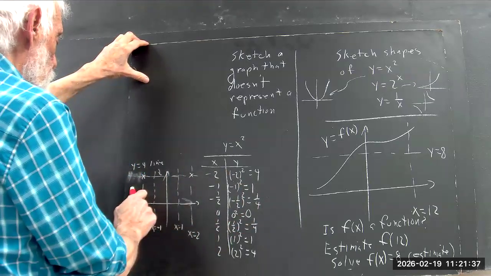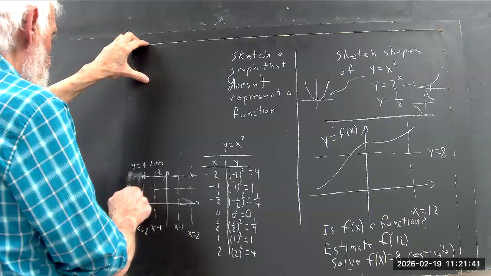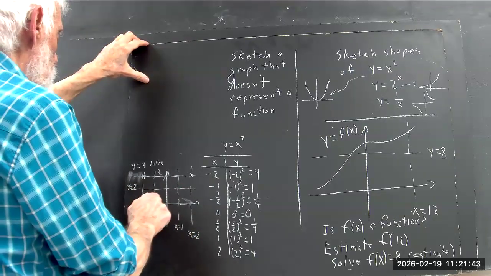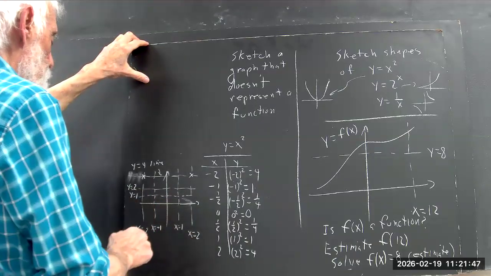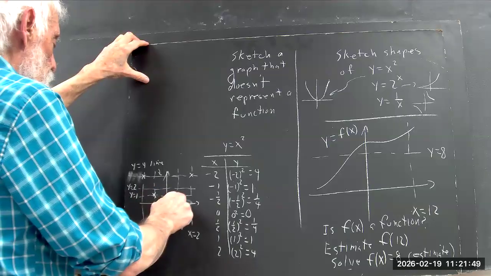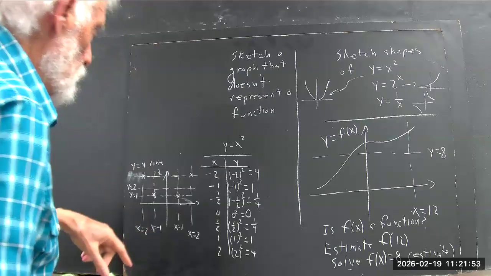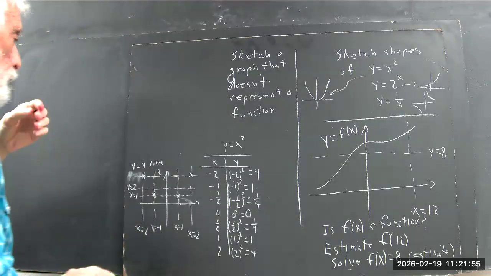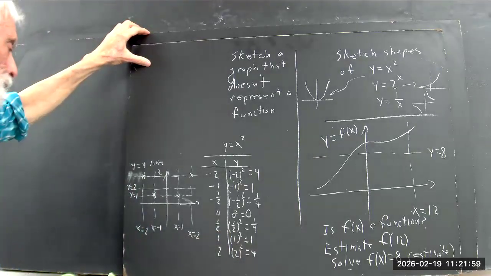If y equals 4 here, and here's y equals 2, so when x is -1, y is 1. When x equals 1, y is 1. When x equals 1/2, y is 1/4.